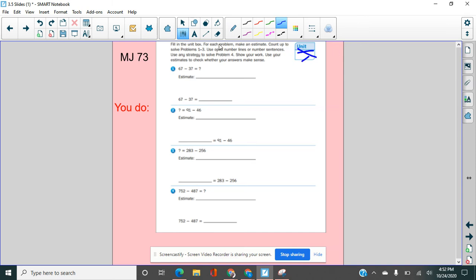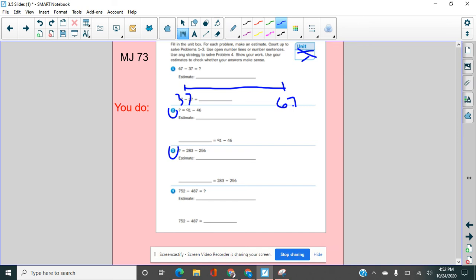So we're going to count up to solve problems 1 through 3. We're going to use our open number lines or number sentences, okay? So as you go here, you're going to draw your line. You're going to start at 37, and then you're going to keep going until you get up to 67. Same thing here and here.